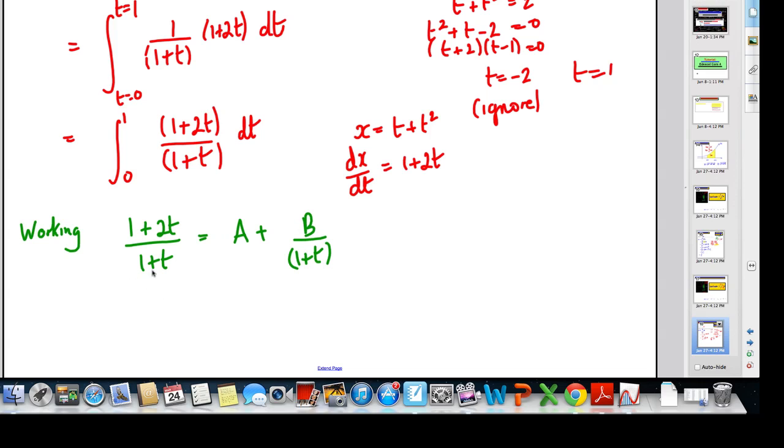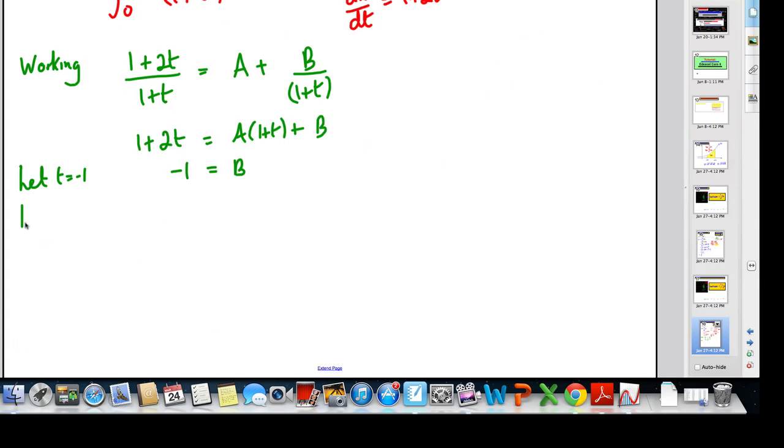So therefore, multiplying up, my next line will be 1 plus 2t is equal to a(1 plus t) plus b. In this case, I would let t be minus 1. If t is minus 1, I'd get minus 1 is equal to b. And then I could let t equal 0, let's say, and I'd get 1 is equal to a plus b. And b is minus 1, so therefore a must be equal to 2.